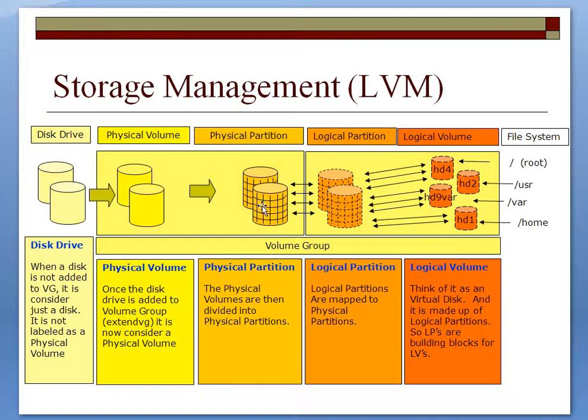So that means that each one of these blocks, the small boxes, would be 128 megabytes. So if you have a 10 gig hard drive and the partition size is 64 megabytes, you would divide the disk size by the partition size, not multiply, and that would tell you how many partitions you had.